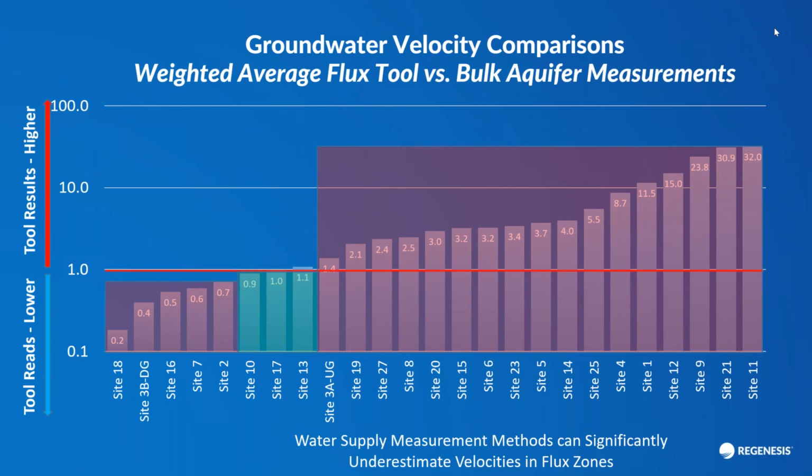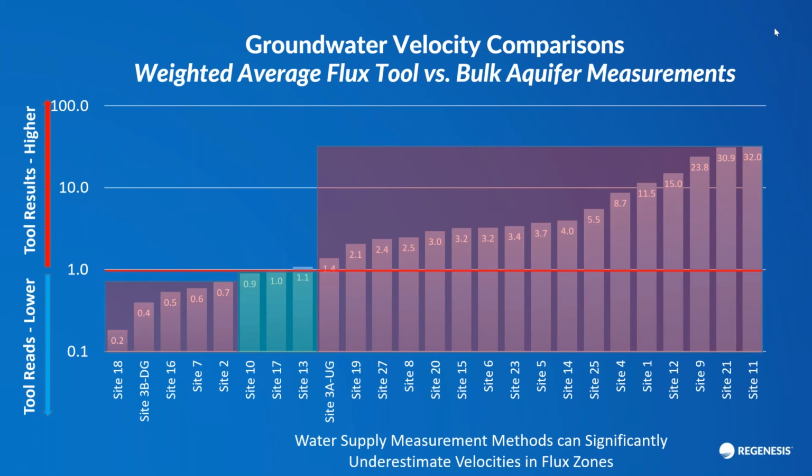There are 25 sites, and when the tool reads lower than the bulk aquifer, you get a fraction. When it reads higher than the bulk aquifer reading, you get a whole number. So what you have is a 25 site evaluation. And on this, you can see we're right roughly 3 times.